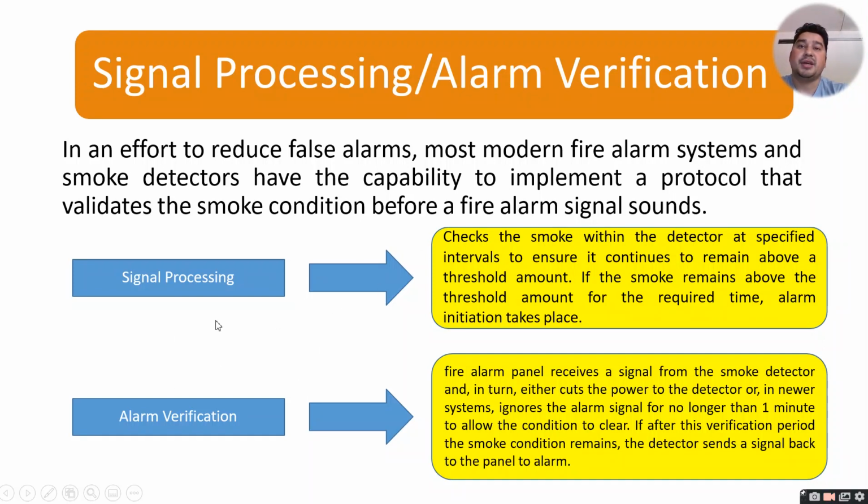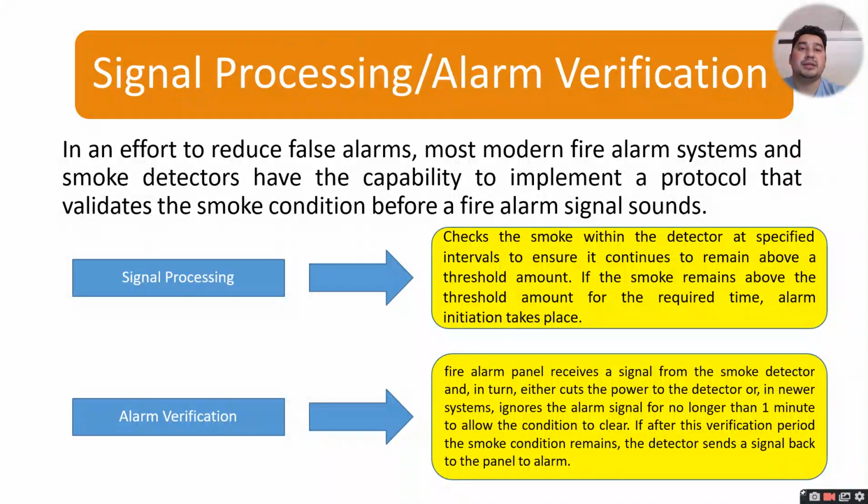After that, alarm verification. The fire alarm panel receives a signal from a smoke detector and in turn either cuts the power to the detector or, in the newer systems, ignores the alarm signal for no longer than 1 minute to allow the condition to clear. If after this verification period the smoke condition remains, the detector sends a signal back to the panel to alarm. So it continues for 1 minute.